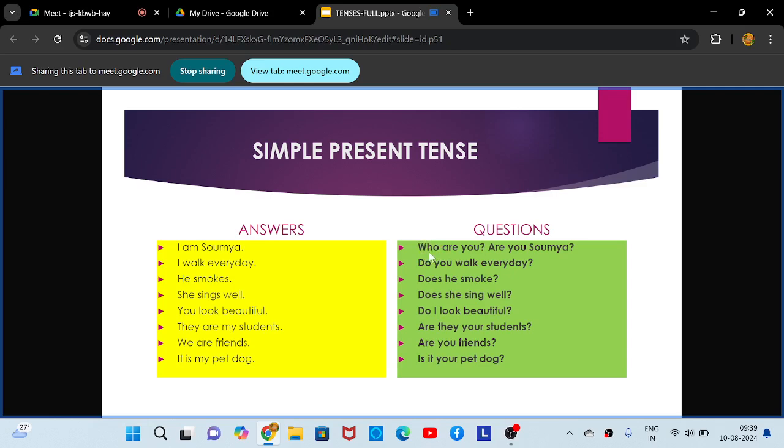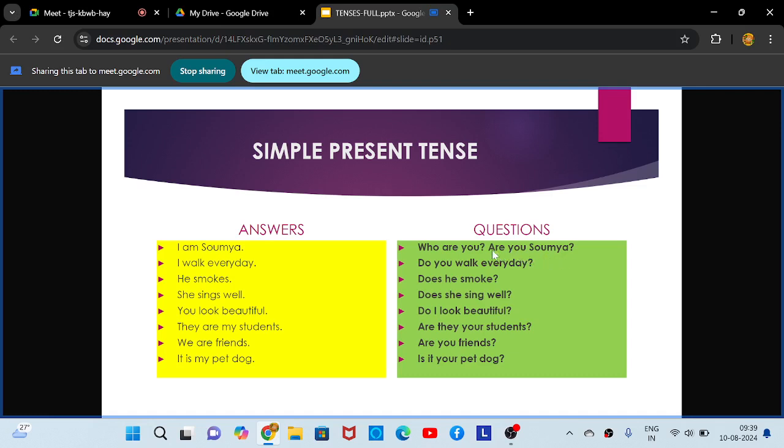It is a question word, a WH word. That is the reason I have also added one more question, are you Soumya? Are is a helping verb, so this is a question, whereas "who are you" cannot be considered here. So that's the reason I wanted to give you some clarity. First I am asking who are you, then I am asking are you Soumya?